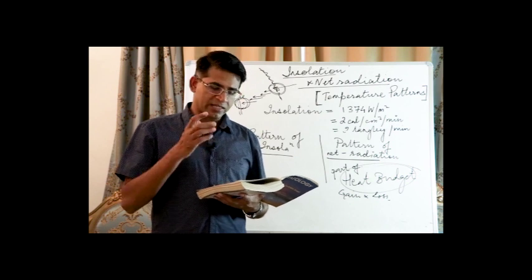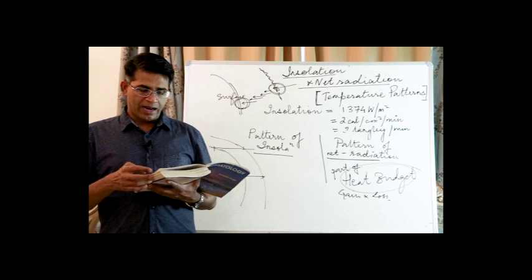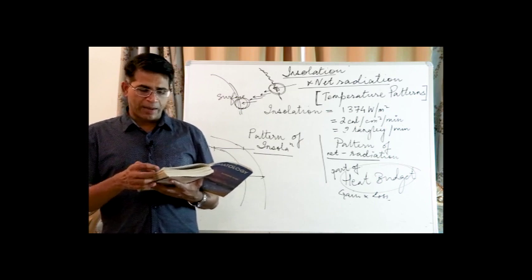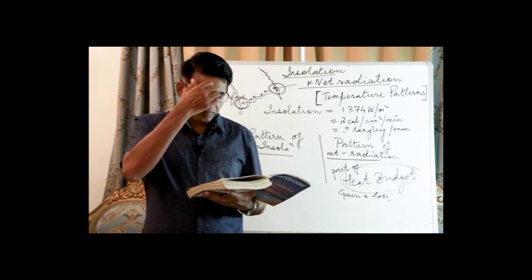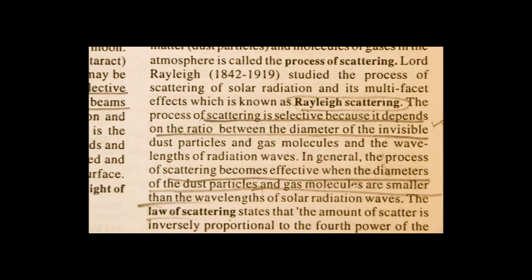Page 43, second column. Look at the first paragraph, scattering, mentioned in about the 7th or 8th line. It says, in general, the process of scattering becomes effective when the diameters of the dust particle and the gas molecules are smaller than the wavelength of the solar radiation.